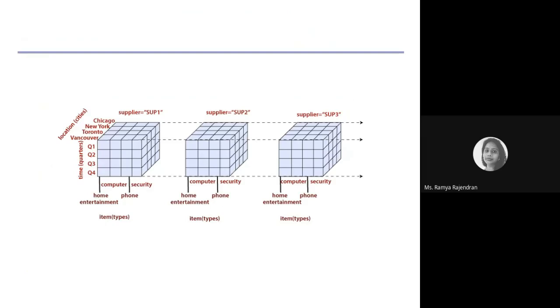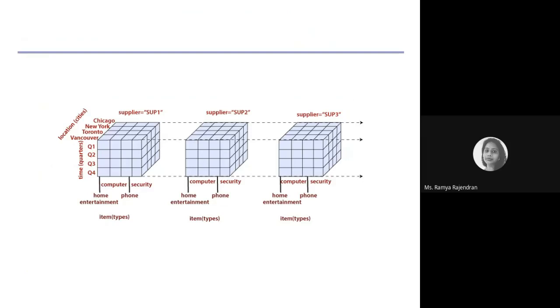This is a small example of how data cubes look. Here I have quarter 1, quarter 2, quarter 3, quarter 4. Here I have a home product category: home entertainment, computer, phones, security. So this contains sales information for a particular product category for each quarter.